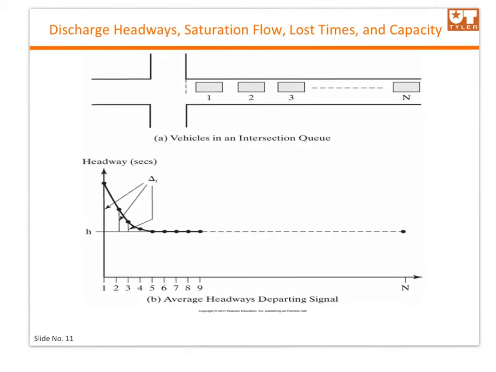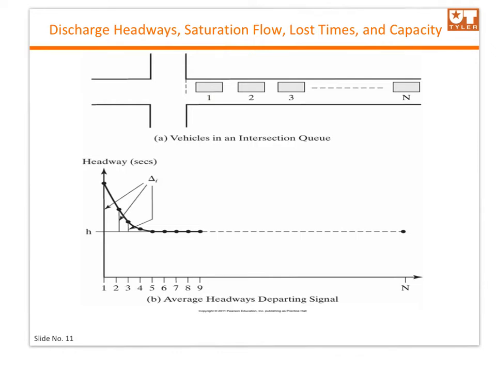Let's take a look at this schematic here to show you the difference between the first headway and the second headway, and then once we head now to the fourth, fifth and sixth vehicle, what's the impact on the headway of those vehicles. So the very first vehicle, as we see here, is going to have the highest headway, because the driver needs to observe the signal.